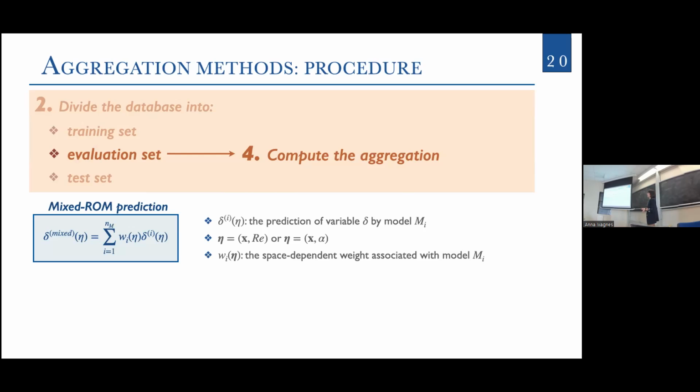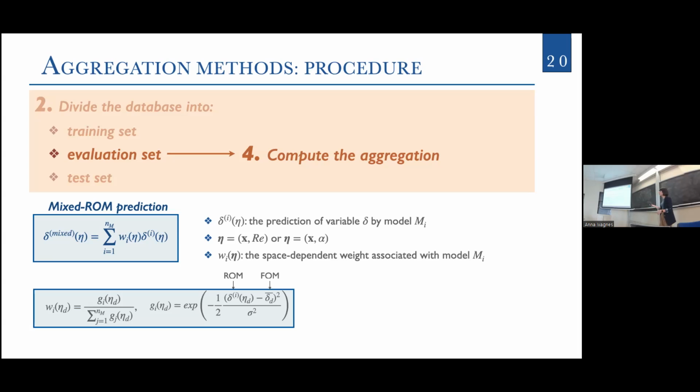The eta are just the spatial coordinates and the parameter that you have, in our case Reynolds or the angle of attack. And then you have these weights. So the key problem now is to evaluate these weights that are, of course, also space dependent.